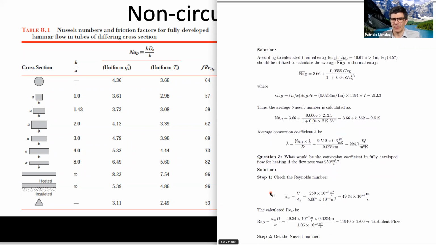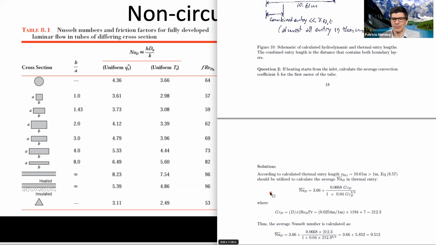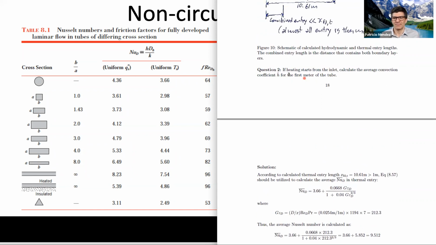And then something you hadn't done is, in this example, let's calculate the average convection coefficient for the first meter of the tube. Now, they are asking us about the convection coefficient in the entry length.